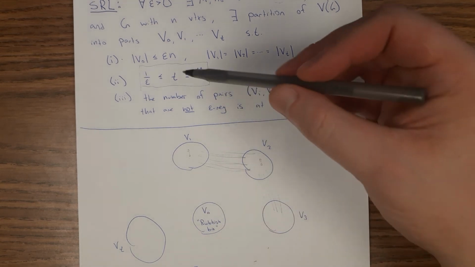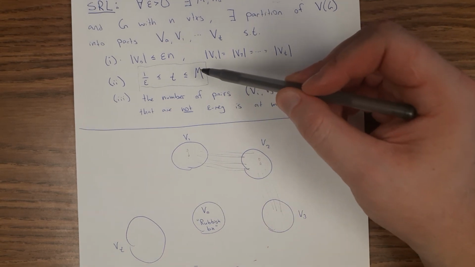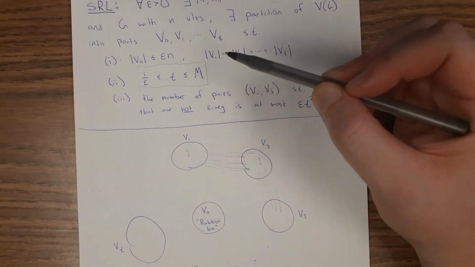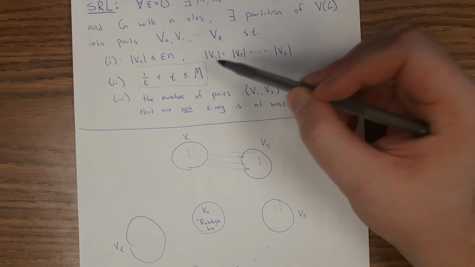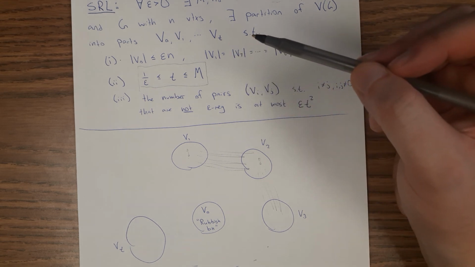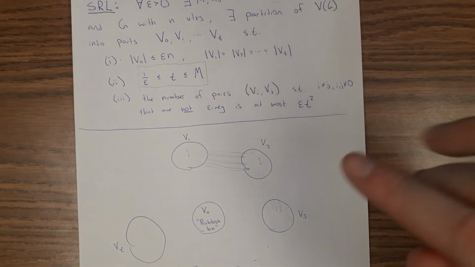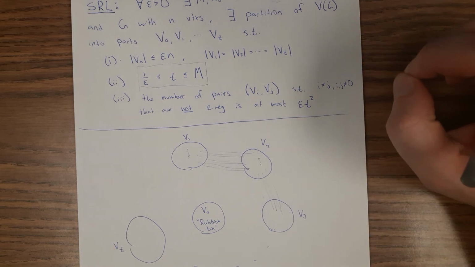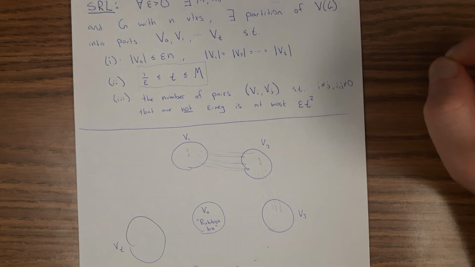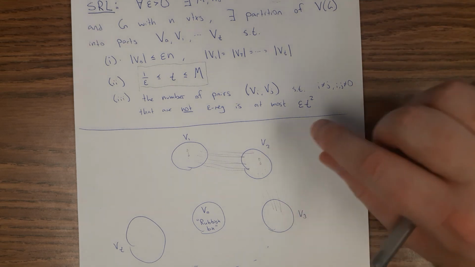If t were allowed to be too large, then this would also not be an impressive statement, because you can always do the partition where every vertex is in its own part, for example, and you would have a lot of parts.